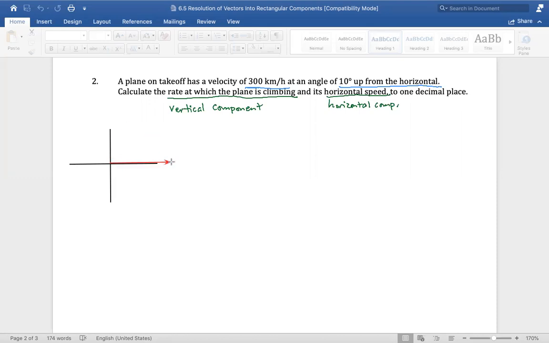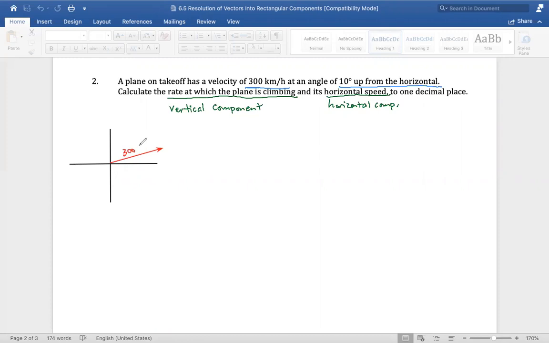So 10 degrees up is just going to be a little bit of a ways up. It's not as necessary as it was in the last video to draw things correctly. As you can see, it did get messed up last time. This time it's okay, which is the benefit of why you're learning this.